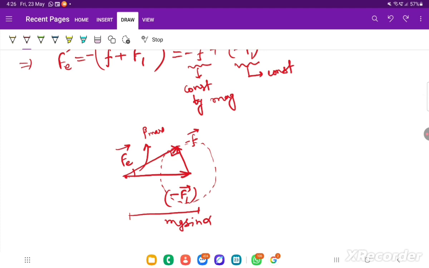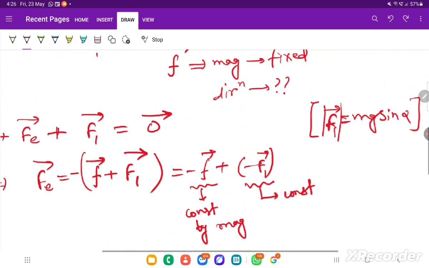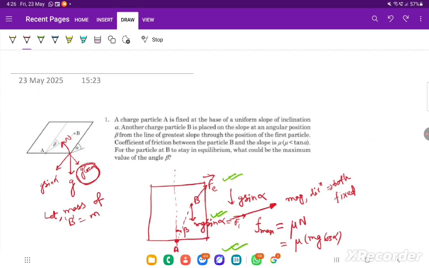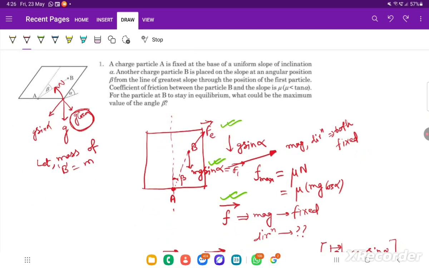So now, yes, the angle is maximum, but why am I saying that this is beta max? Let's move on to the diagram of the question. Here, this is the Fe direction, and this is the direction of minus F1, that is minus of mg sin alpha.